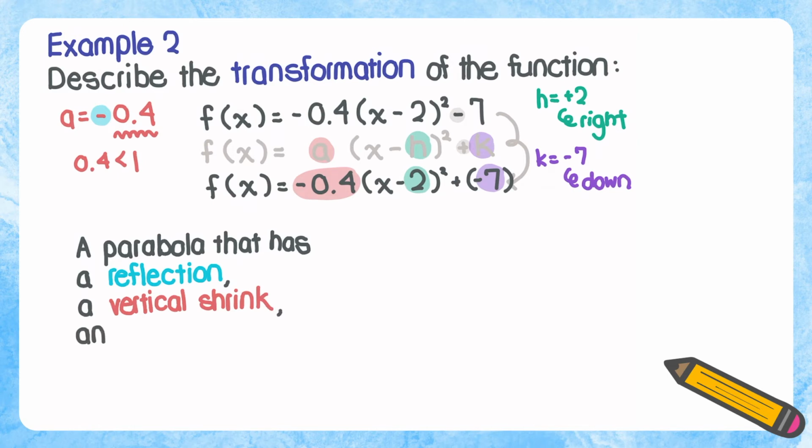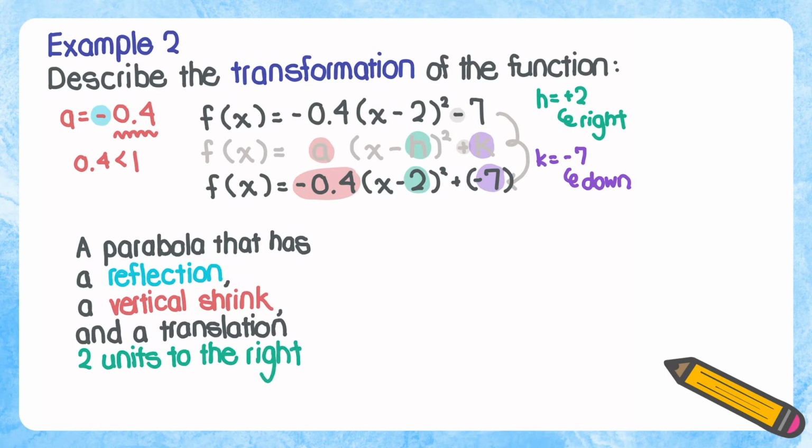And we also have some translations. So we have horizontal translations and vertical translations. Since h is positive 2, we move 2 units to the right. And also 7 units down because k equals negative 7.